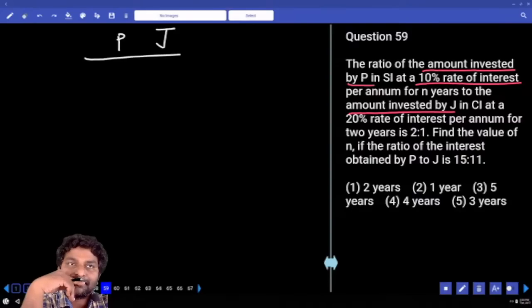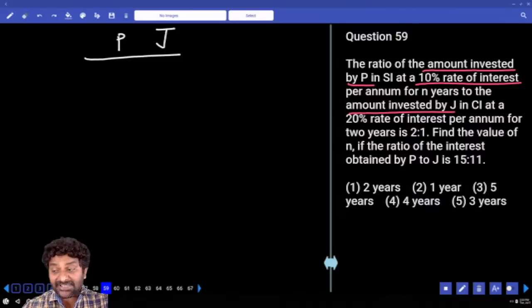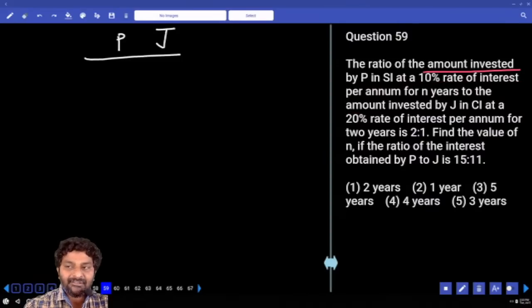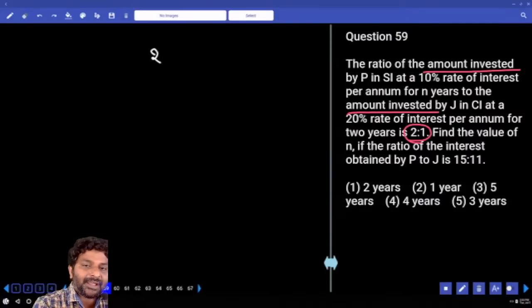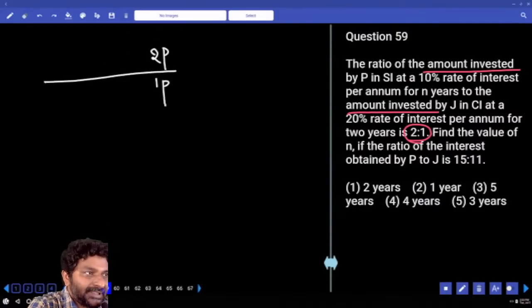What ratio is that they are talking about? Amount invested. What ratio is that? Principal ratio. Principals are in the ratio 2:1. I'll take 2 parts and then 1 part. Is that okay?